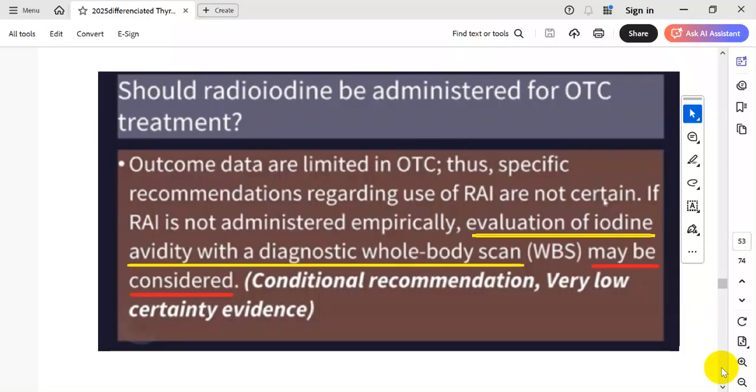So we must be very cautious in these patients, because only 10–40% of these carcinomas have radioiodine avidity, and so radioiodine is not administered empirically. Evaluation of iodine avidity with a diagnostic whole body scan may be considered.